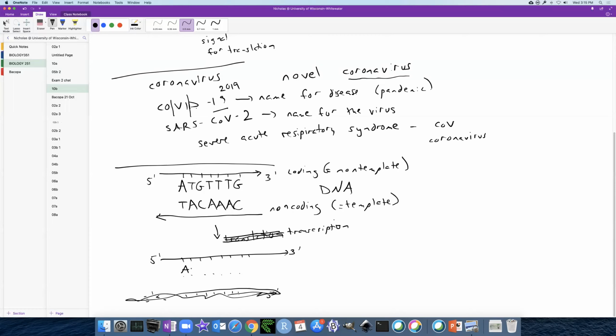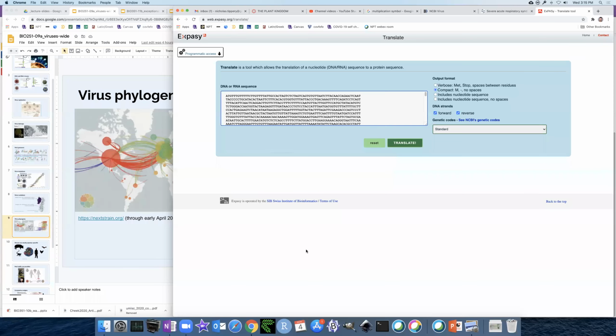Let's get rid of that. And has the same sequence as the coding strand, except with U's instead of T's. So when we look at the sequence of DNA, you can just mentally substitute in a U instead of T, and that gets you the sequence that would result from the RNA molecule.